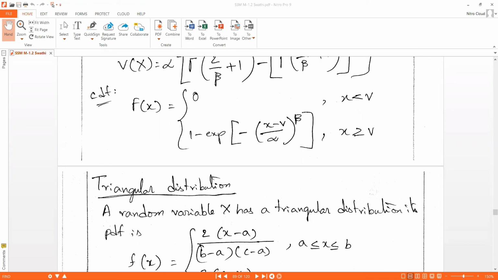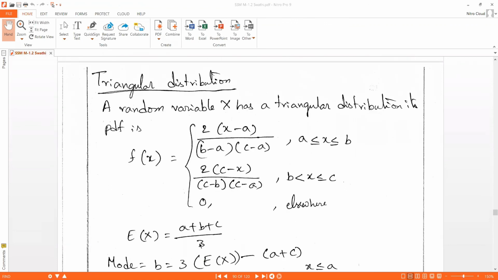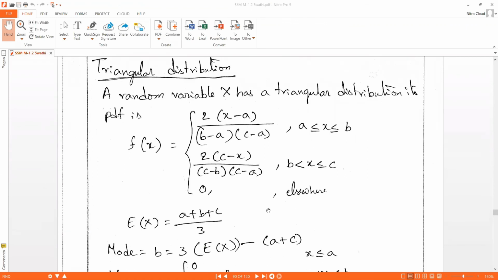After this, after Weibull distribution, we have triangular distribution. In triangular distribution, a random variable x has a triangular distribution. Its PDF is given like this: f of x equal to 2 into x minus a divided by b minus a into c minus a, for x values within the range a less than or equal to x less than or equal to b.